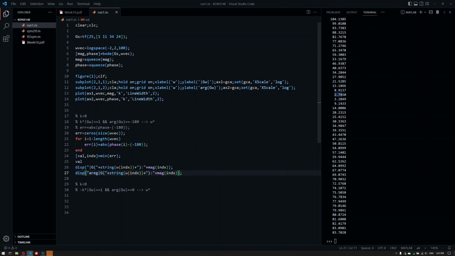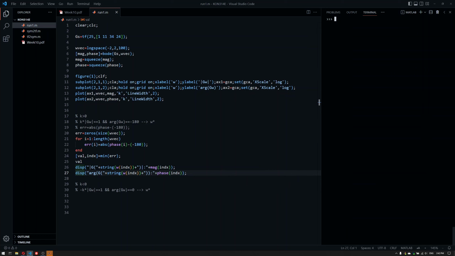So argument of G omega. I guess we need to place this here. Yeah, that should be it. The phase index. So it is omega vec.